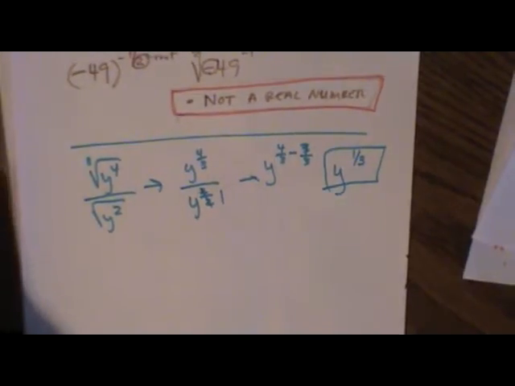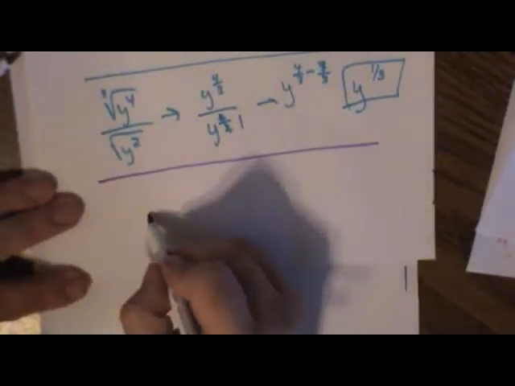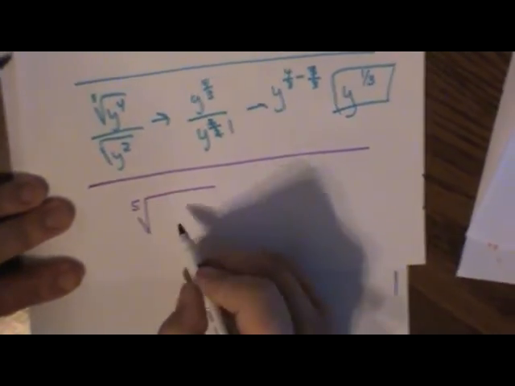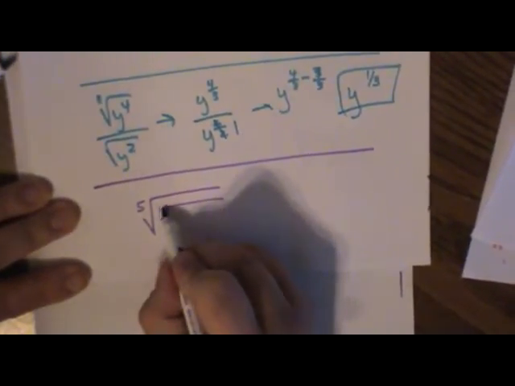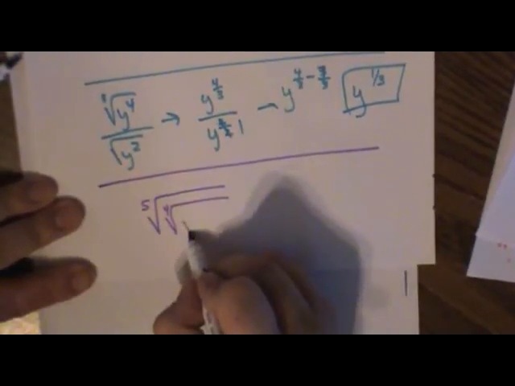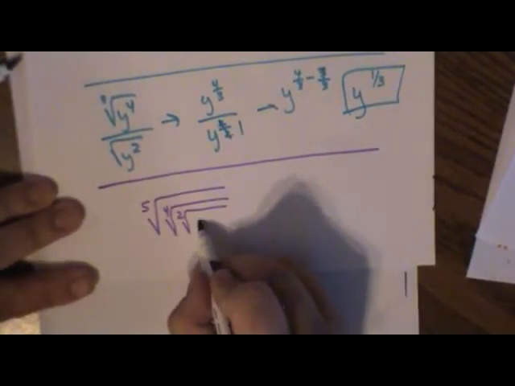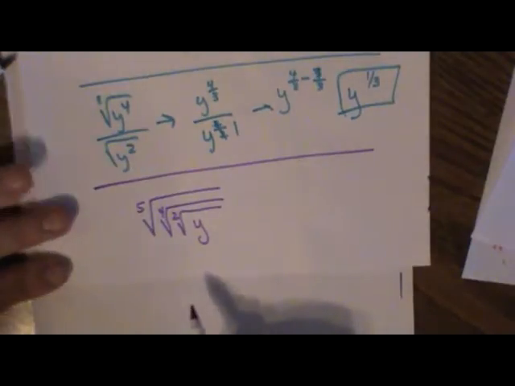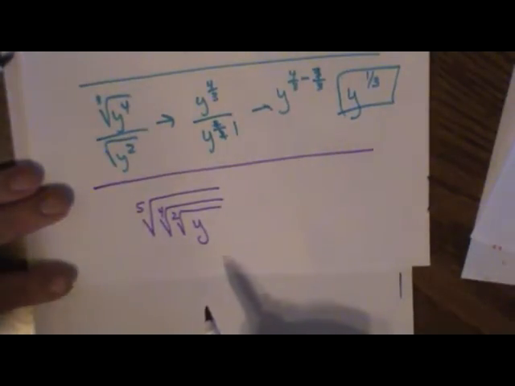Now, there will be cases where you will see these and they kind of look really funny, where you have a fifth root inside a fourth root, and then a square root here with a y. And they want you to simplify that.